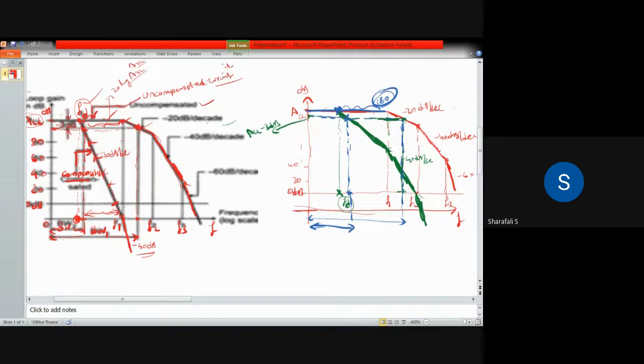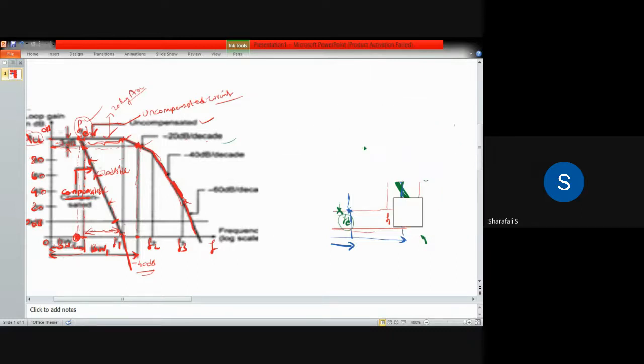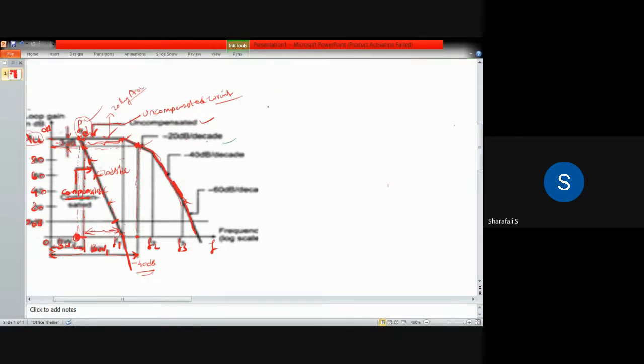So if you want to know the advantages of this dominant pole compensation technique, consider the advantages first. The advantages of dominant pole compensation we already discussed, but I will just write it shortly. So in that case, we have very less noise.